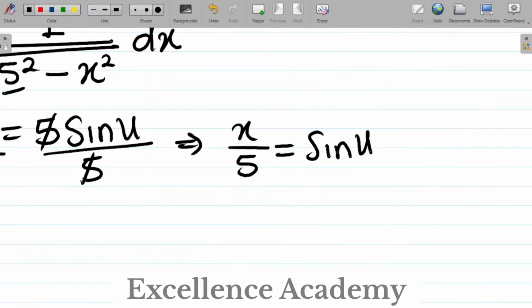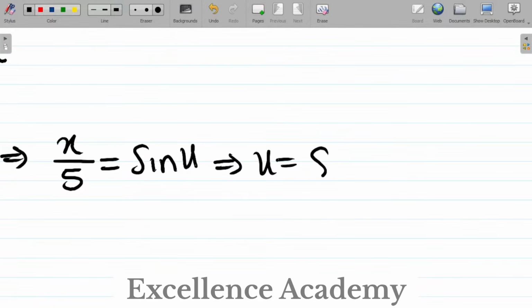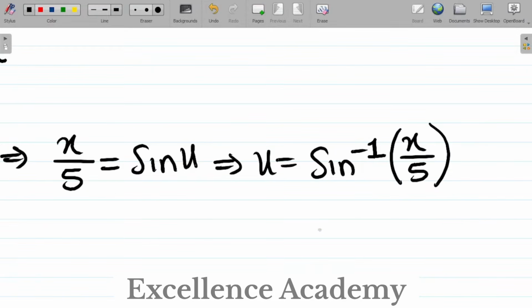To get u, I'll take sine inverse of both sides such that u will now be equal to sine inverse of x over 5. That's the value of u.